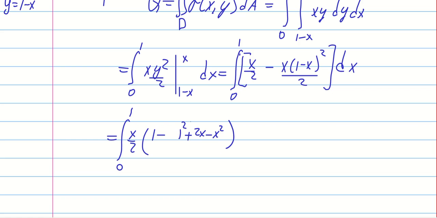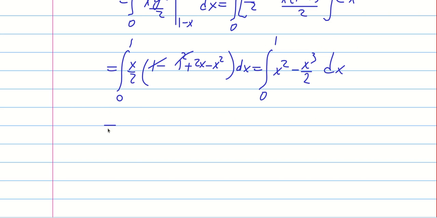All right, so this one and this one add up to 0. So we're left with the integral from 0 to 1. We multiply out this 2 and this 2 goes away. So we have x squared minus x cubed over 2 dx.